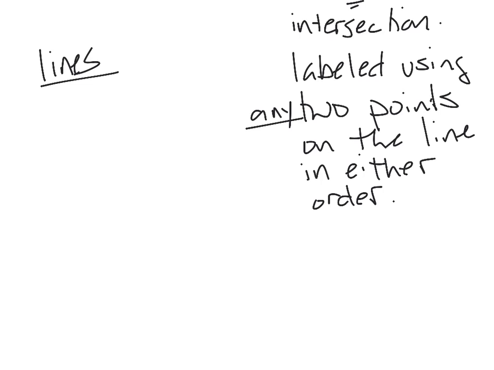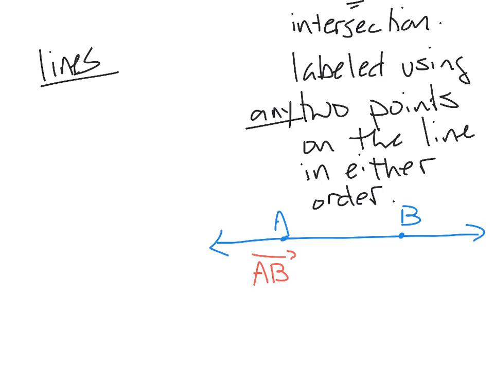So for example, here's a line, and this could be point A on the line, and here could be point B, and we would call this line AB or line BA.